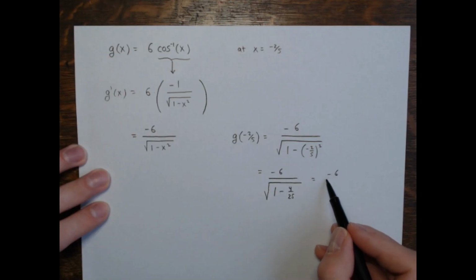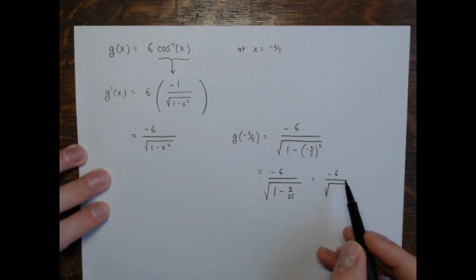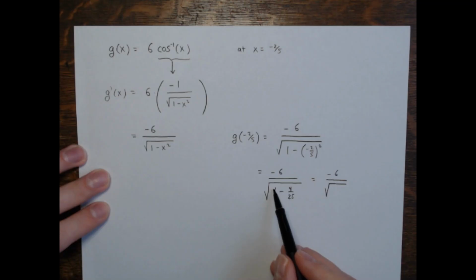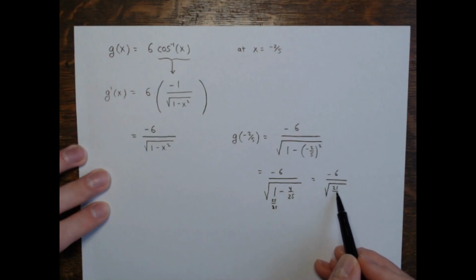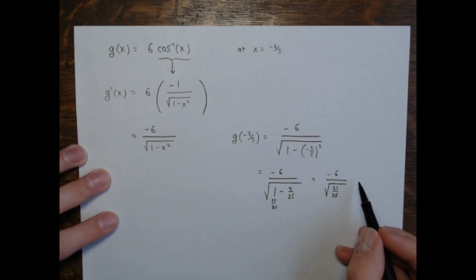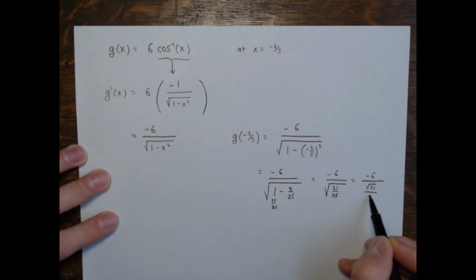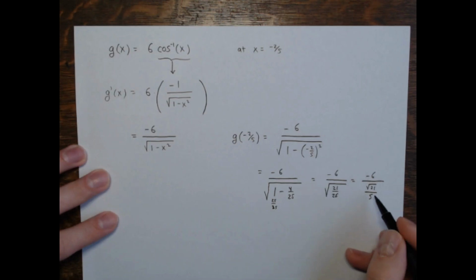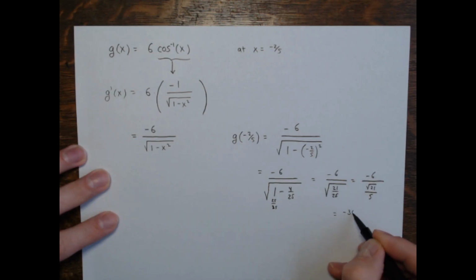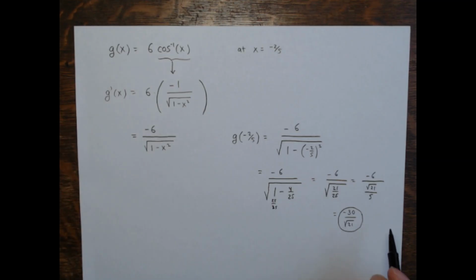This is -6 divided by the square root of, now, 25/25 for 1, so that's 21/25, which is -6 divided by the square root of 21 divided by 5, and then multiply by the reciprocal of that. This would end up being -30 divided by the square root of 21. And this is how I'm going to enter it. That's pretty simple.